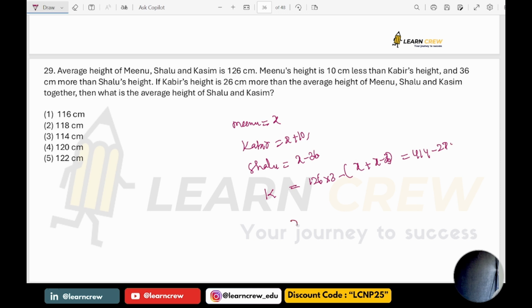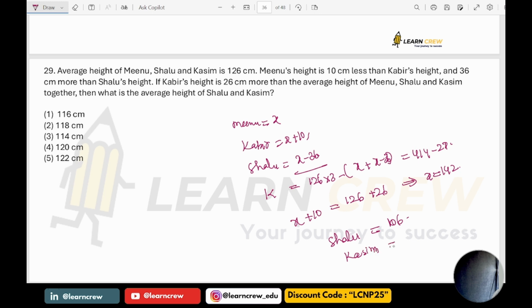Okay, and it is given x plus 10 is equal to 126 plus 26. From this we will get x is equal to 142. Now Shalu would be x minus 36, 142 minus 36, 106.